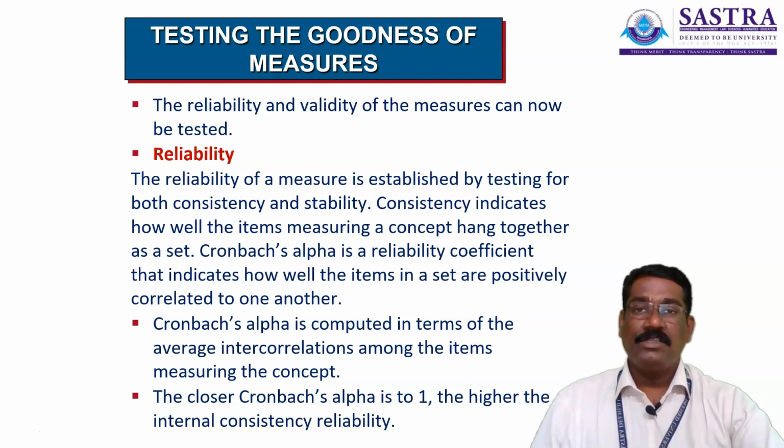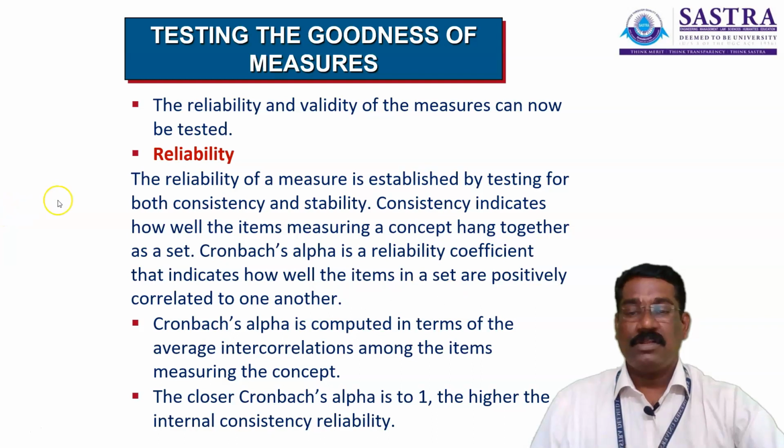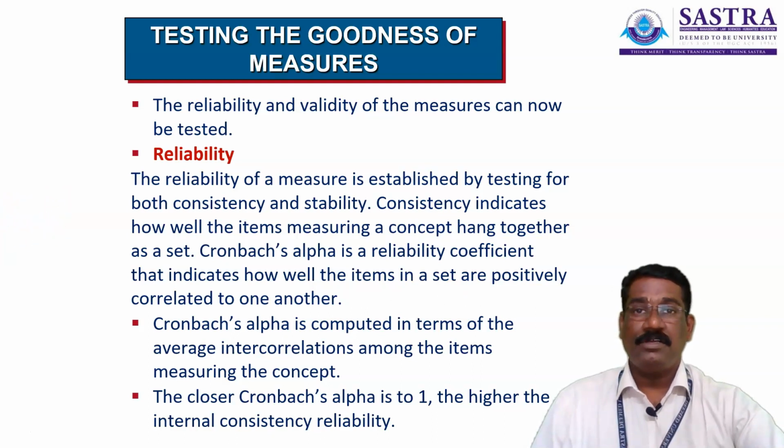Let's talk about reliability. Let us understand what reliability is. There are many reliability methods, but I am only going to talk about the Cronbach alpha method of reliability testing. Of course, I will also demonstrate how to do that using SPSS software.